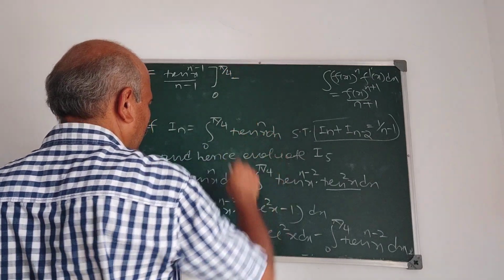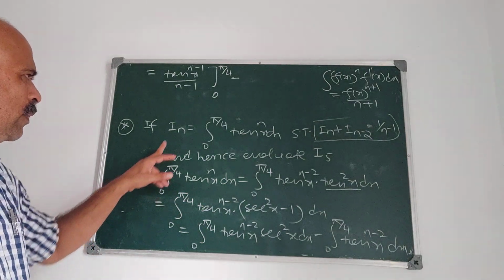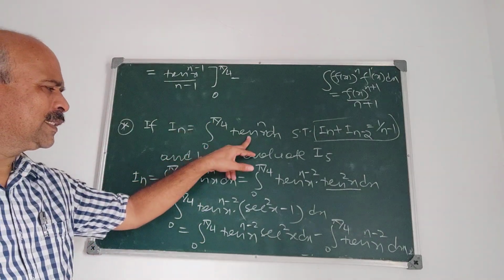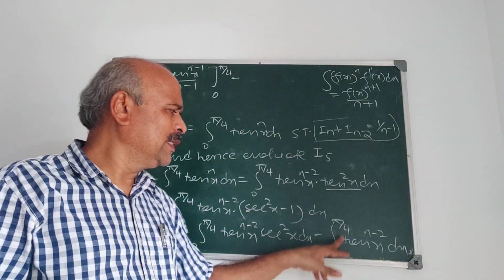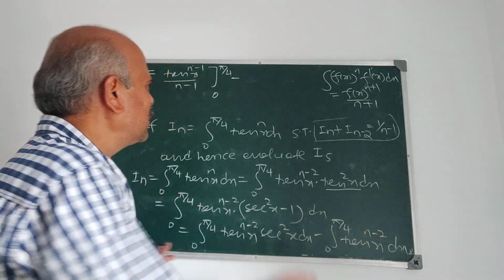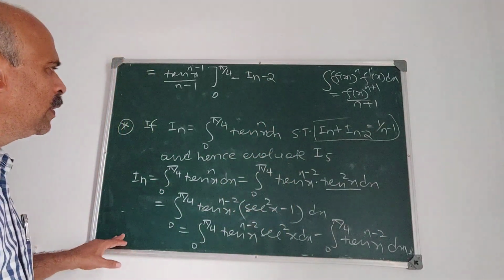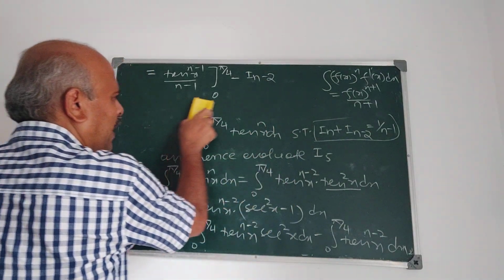In terms of our notation, if In is the integral from 0 to pi by 4 of tan x raised to n, what is the integral from 0 to pi by 4 of tan x raised to n minus 2? It is In minus 2. So minus In minus 2. Therefore, In is this.